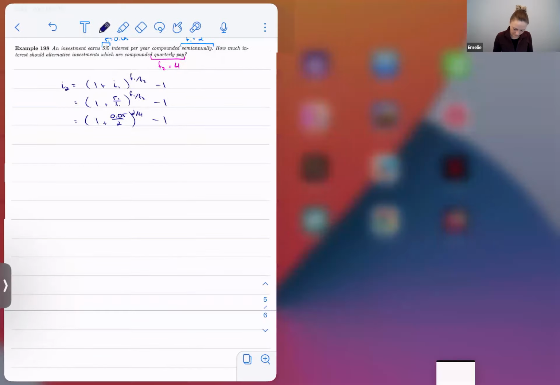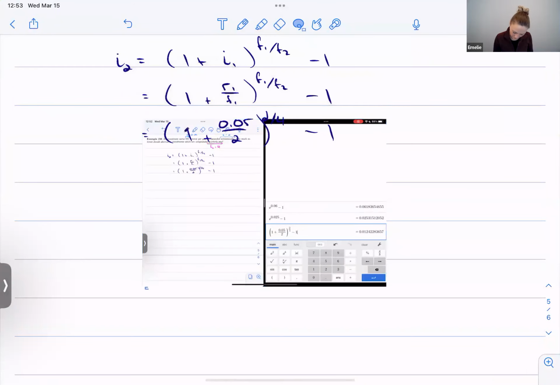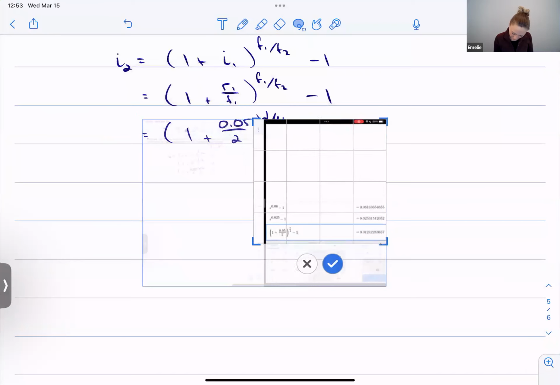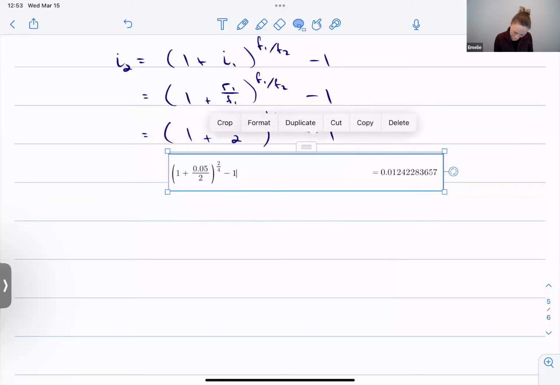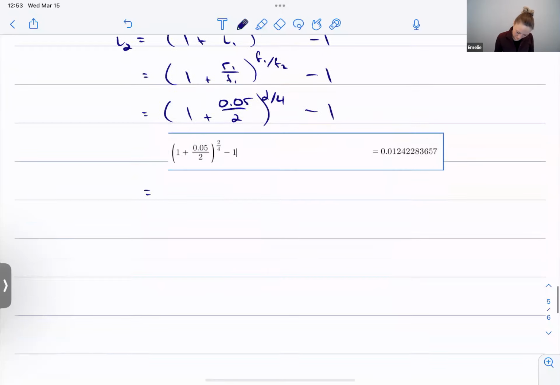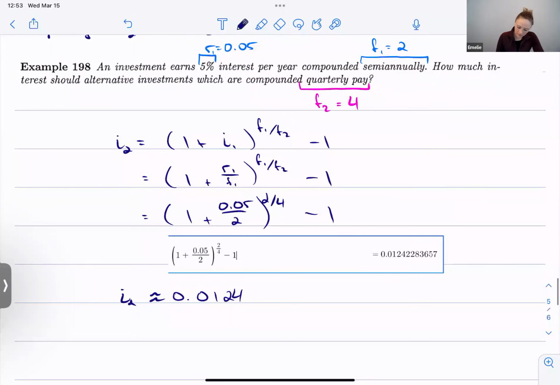So I get I2 is 0.0124 if I go to 4 decimal places. I probably should find R, right?